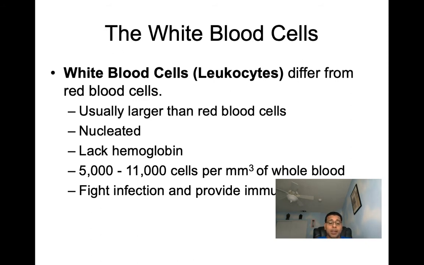Our white blood cells are going to be divided based on structure as either granular leukocytes or as agranular leukocytes. Your neutrophils, basophils, and eosinophils are your granular leukocytes, and they are going to be filled with enzymes and proteins which help the body defend against microbes.